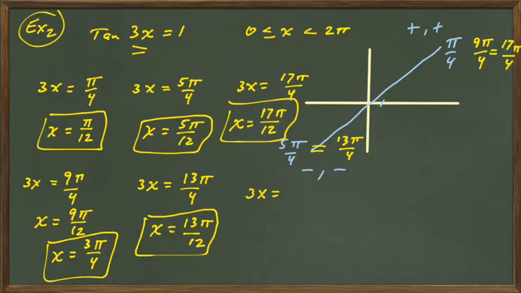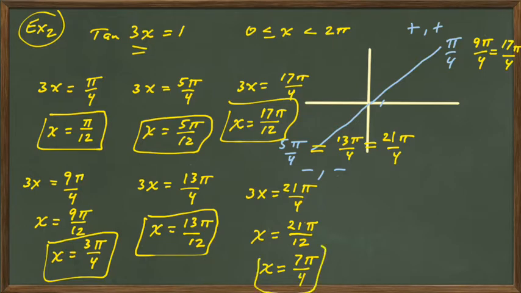3x has to equal, if I add 8/4 to 13/4, is that 21/4? 21/4 multiplied by 1/3 gives you 21/12. Is that right? Yes. 3 goes into 21 7 times, 3 goes into 12 4 times. Now I'm getting closer, but I think the next one might be too big.